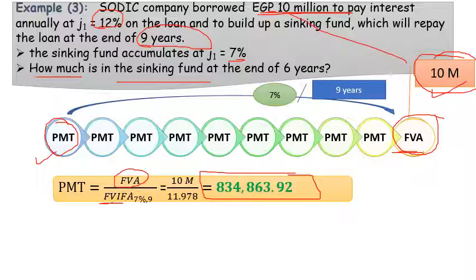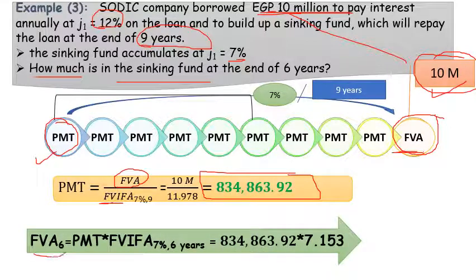The required is to calculate how much these deposits will accumulate to at the end of 6 years. So we will calculate the future value of this annuity at the end of 6 years by multiplying the amount of payments times the future value interest factor for annuity at 7% for 6 years.